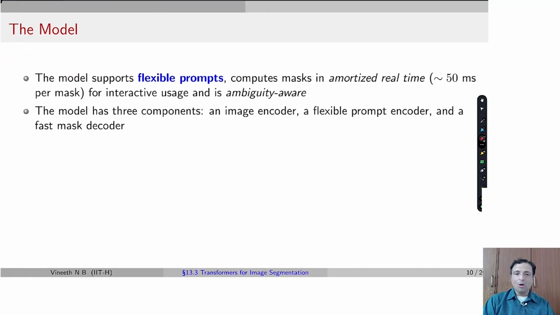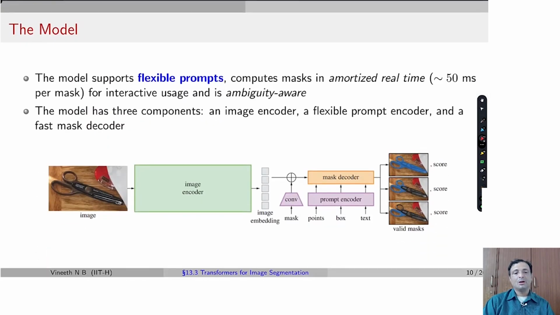So their overall model had an image encoder, a flexible prompt encoder, which had to be flexible because they're dealing with prompts, and a lightweight fast mask decoder. So here was the overall pipeline. You take an image, send it through an image encoder and get an image embedding.